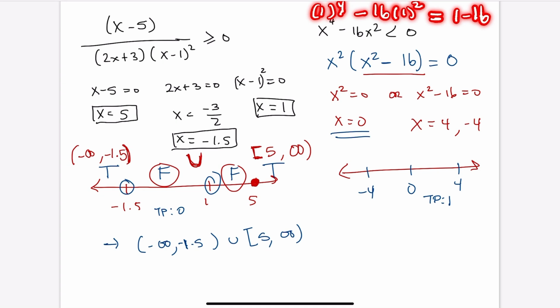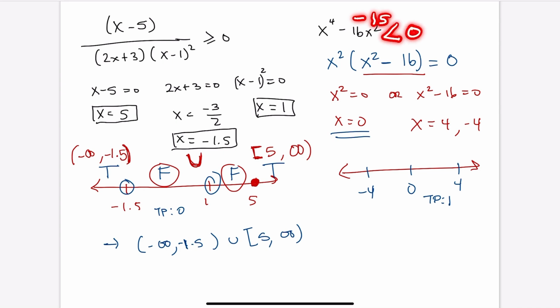But it's 1 minus 16, and therefore, that's negative 15. All right. So is negative 15 less than 0? You see how the number never really matters, but negative is less than 0, so that's true. So when I had my test point at 1, that was true.